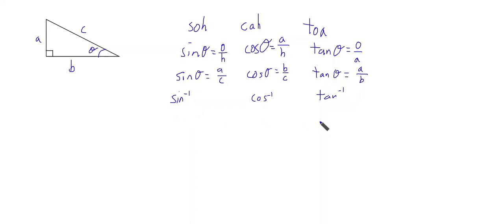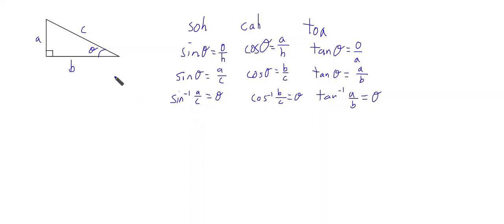If we write them out like this, and I type in the fraction A over C, my calculator will tell me what theta is. This is very useful. Likewise, the arc tangent of A over B equals theta. So this is a very useful thing that you can do to figure out what the angles are.